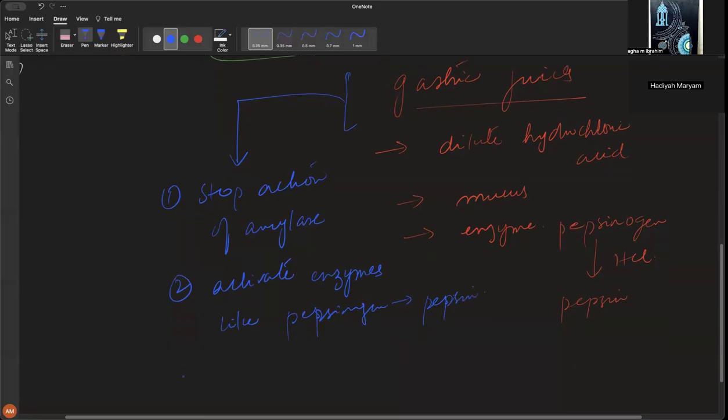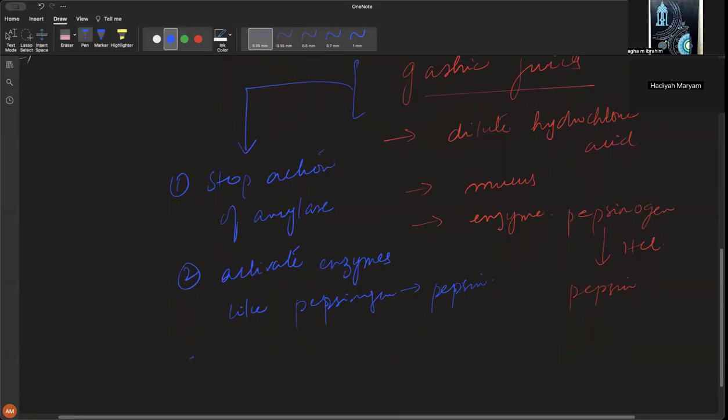All right. They also provide an acidic medium for optimum working of pepsin, or optimum enzyme activity of pepsin.